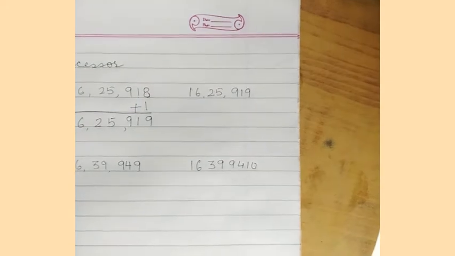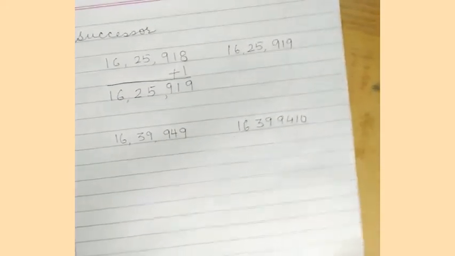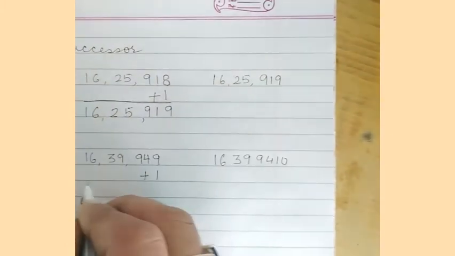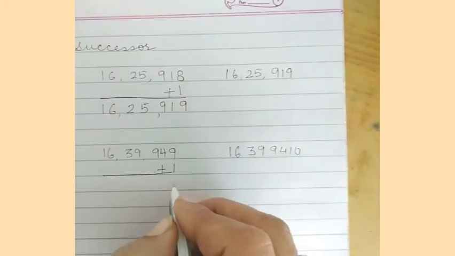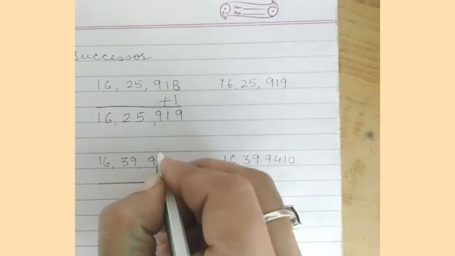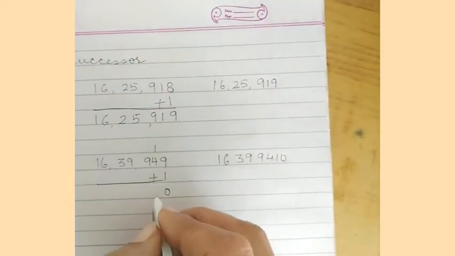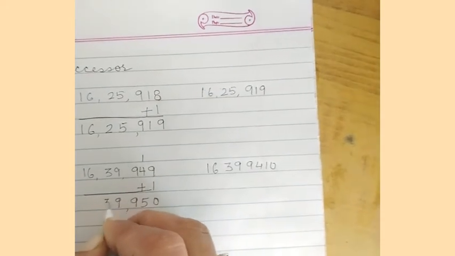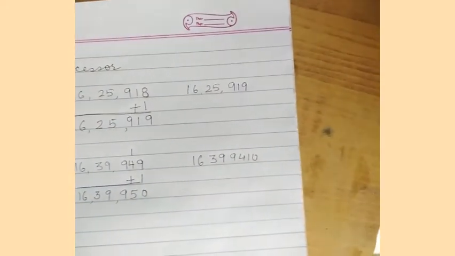Most students will do it orally like this. But let us see whether we get the same answer by adding 1. 9 plus 1 is 10, 0 here and 1 carried. 4 plus 1 is 5. Then 9, 9, 3, 6 and 1.